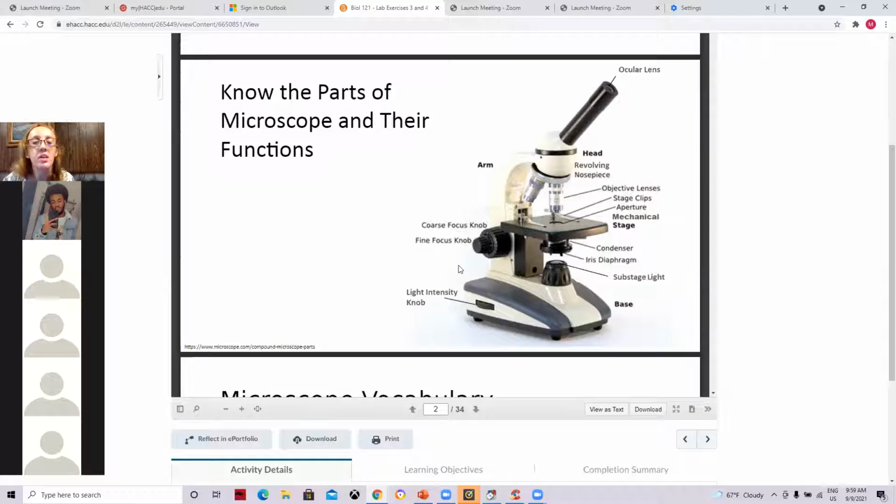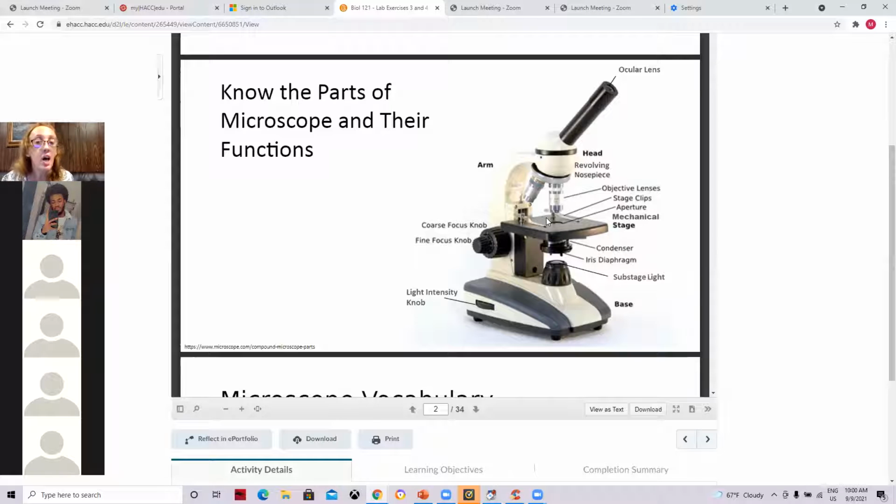And that is so that you don't possibly smash your objective lens through your slide, because that coarse objective knob is going to move the stage a lot more in magnitude than your fine is.